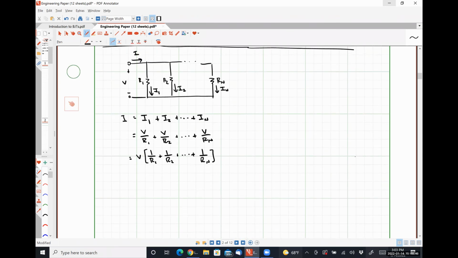So V over Req, where Req was 1 over R1 plus 1 over R2 all the way out to 1 over R sub n, this whole thing to the negative first power.